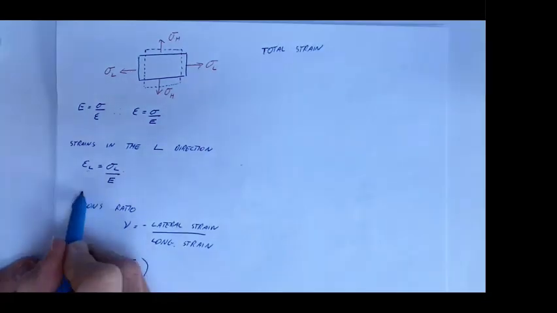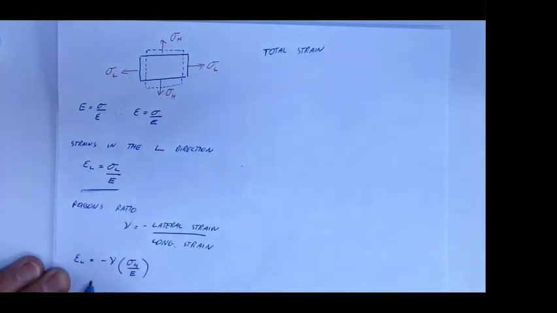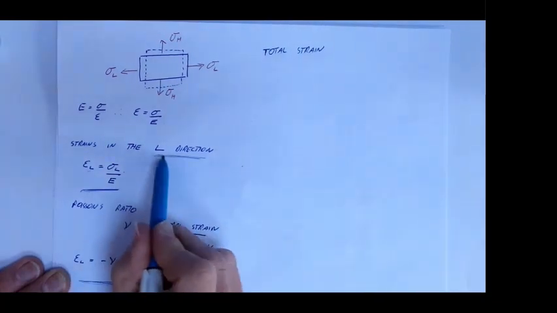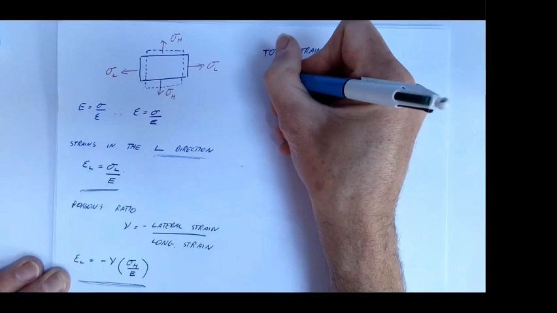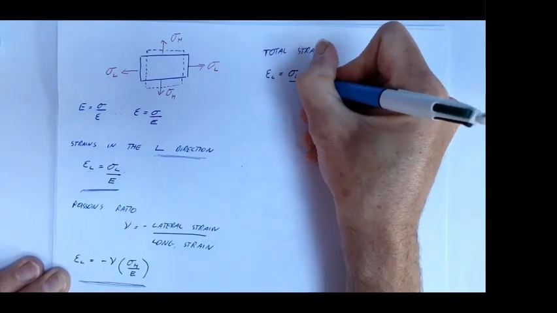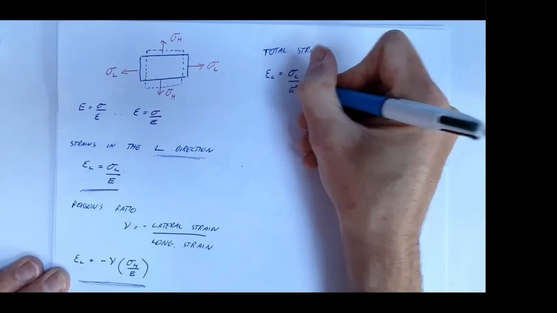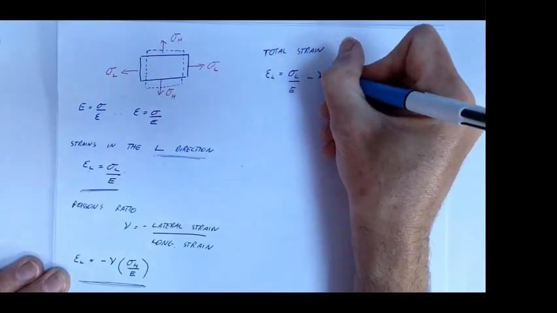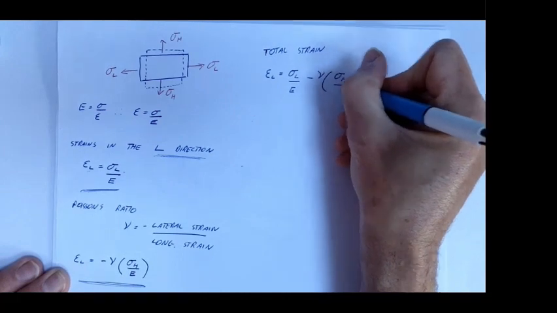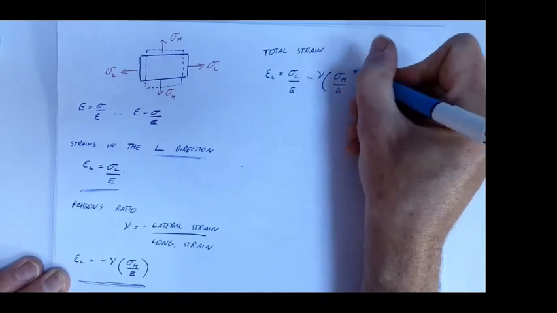The total strain in the longitudinal direction is simply going to be the strain caused by the longitudinal stress minus Poisson's ratio times the strain caused by the hoop stress.